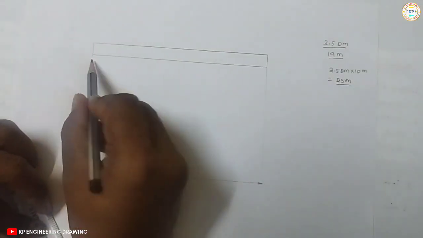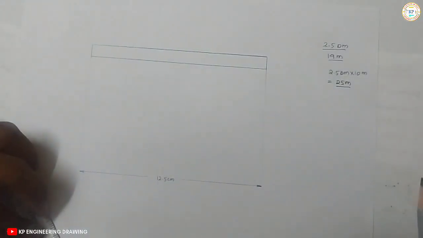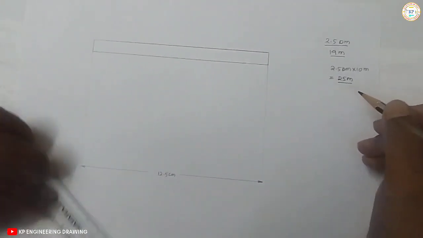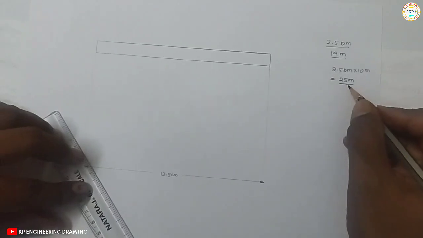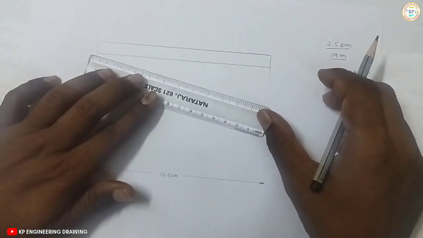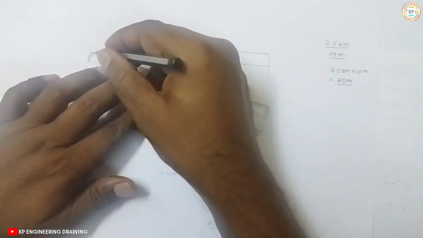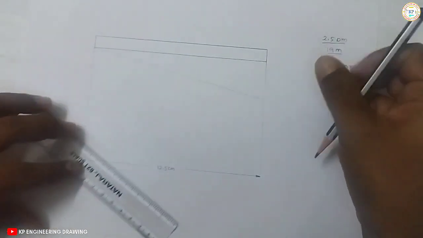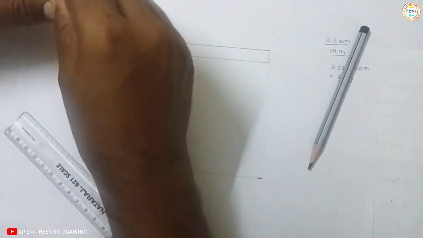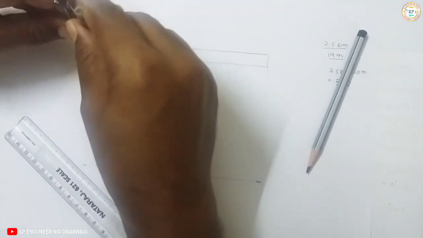So now you divide this 12.5 centimeter scale into 5 equal parts. 5 into 5, 25. So take a less than 45 degrees line, and with some convenient radius, you cut this inclined line into 5 parts with the same radius.